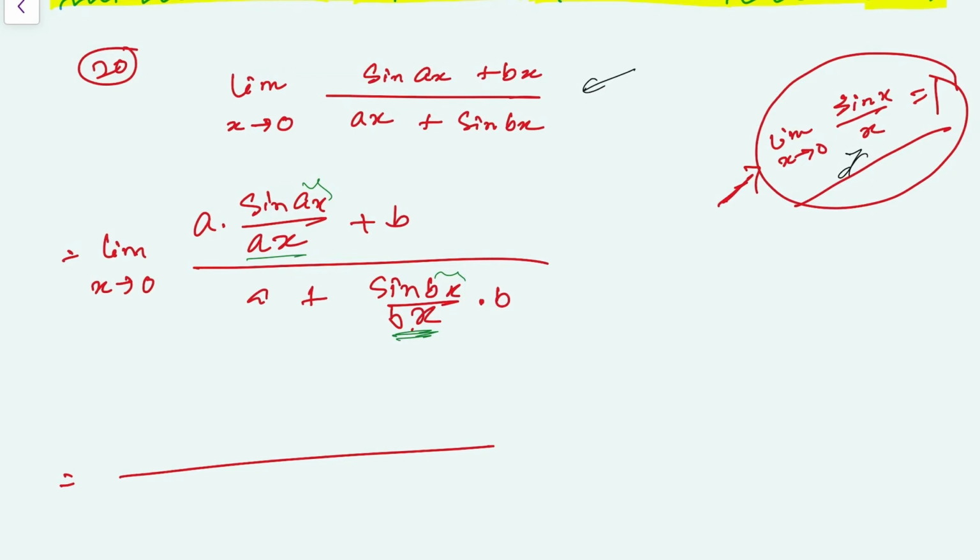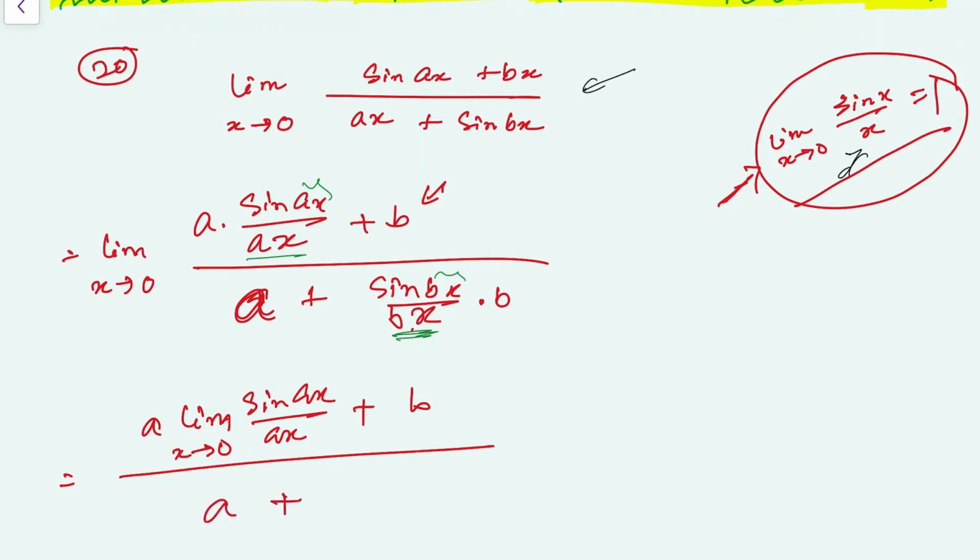Now what we can do is write here a limit of sin ax by ax, x tends to 0, plus b, which is a constant, and the limit of a constant is the constant itself, isn't it? So we can write simply b. Here also the limit of a when x tends to 0 will again be a.